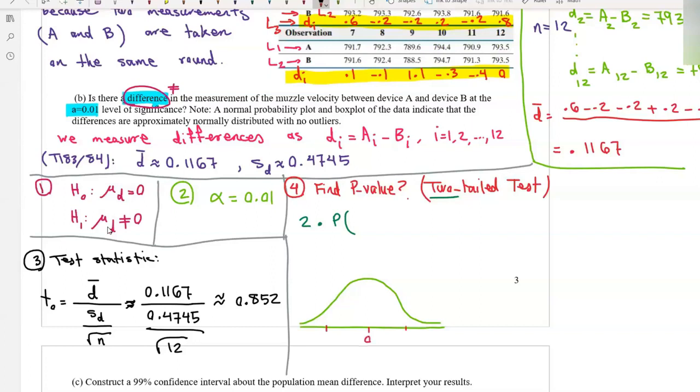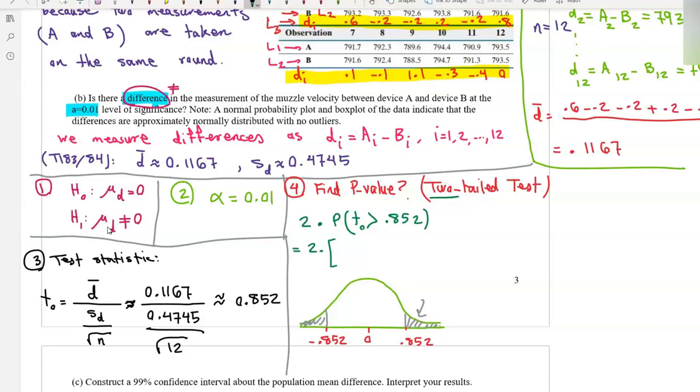Okay, so here for t we got 0.852, and here we have negative 0.852. If we have this positive for t, let's use the same thing, let's use this right tail. So it's 2 times.